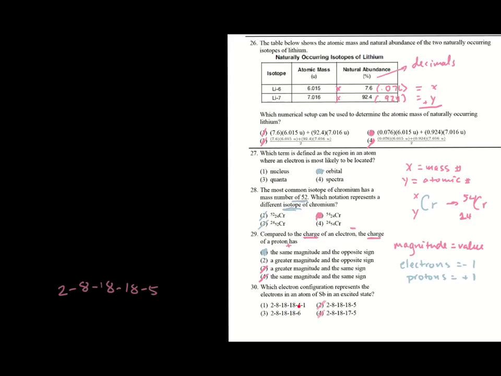It took 1 electron from here and moved it up higher. In choice 3, it just added an electron without keeping in mind that we need to keep the same total as before. It didn't take 1 away and put it elsewhere. So for that, we're going to pick choice 1 because that's the correct answer.